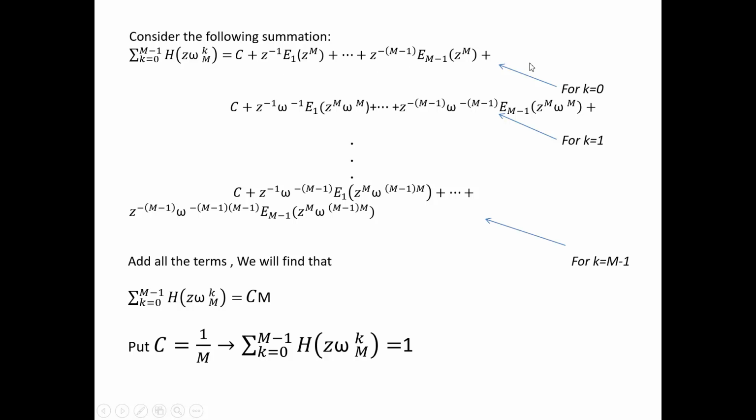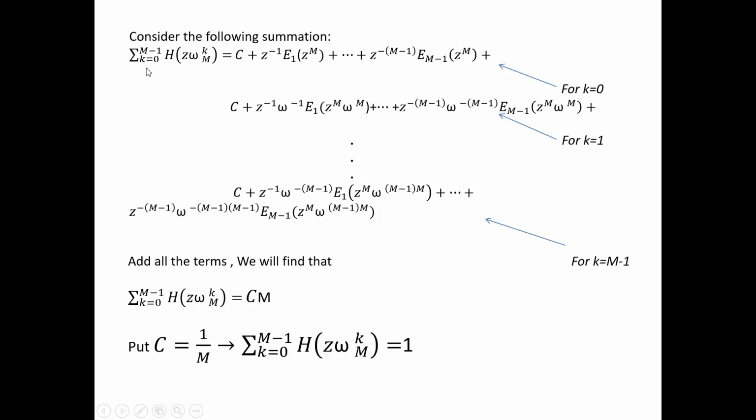This first row will be for k equal to 0, and all these are to be added. For k equal to 1, we will have this equation, where omega here will be 0 and here omega will be minus 1. We are taking the inverses of the Mth roots of unity, and this factor will be for k equal to capital M minus 1.